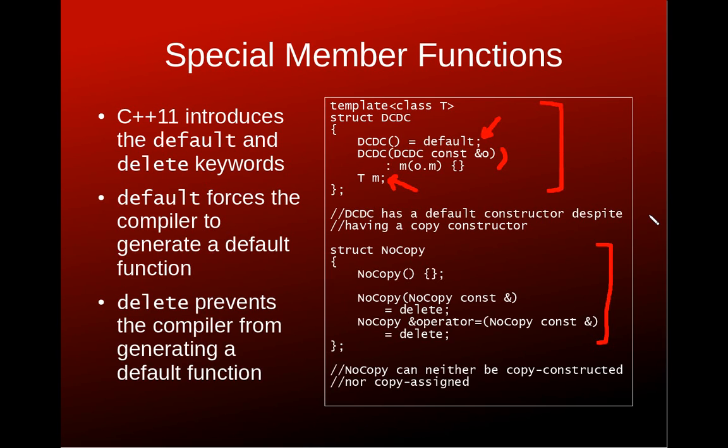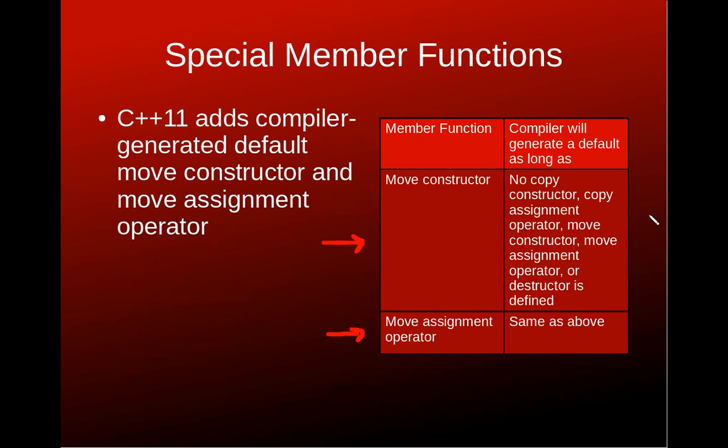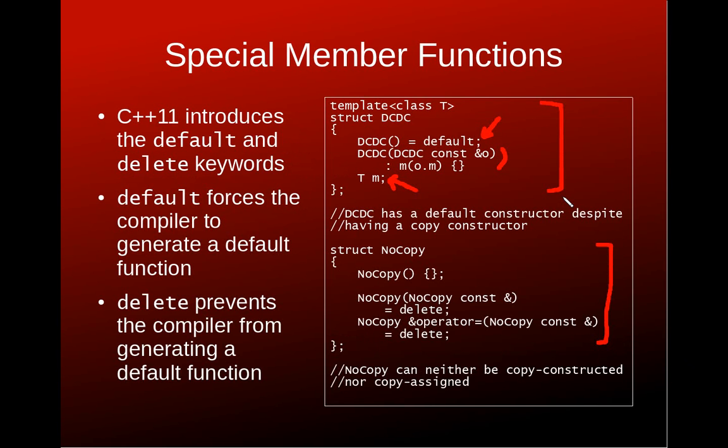It is important to note, though, that this struct can be moved. The compiler will generate move constructors and a move assignment operator for this struct. You can see here the conditions are that no copy constructor, no copy assignment operator, etc. And we have met all of those conditions, so the compiler will generate the move semantics functions for this structure.